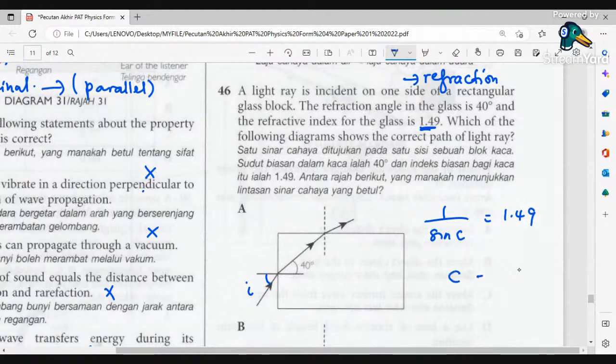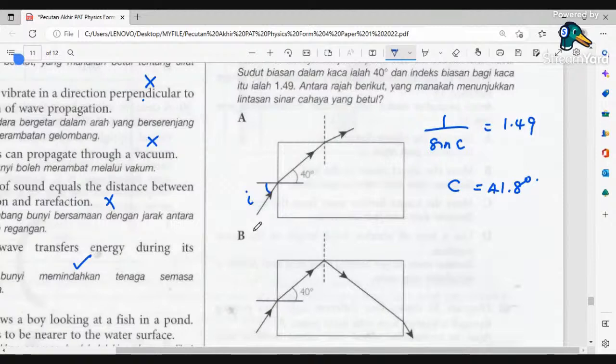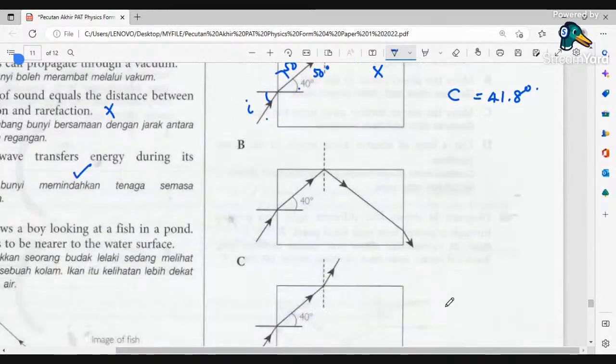Okay, what is C? I think it's about 41.8. Okay, calculate lah. Okay, check angle i. Ini normal refraction, less dense to denser. Okay, so angle here is 50. Angle here is also 50. Okay, A salah. Okay, angle i more than critical angle should go down here. Okay, it's wrong.